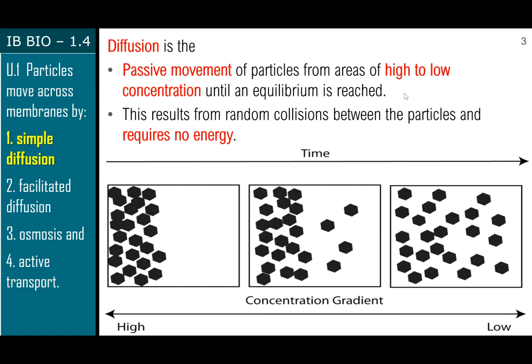We talked about this freshman year. A concentration gradient is when you have lots of particles grouped together, and then over time they spread out, kind of like the fart or the perfume analogy, whichever you prefer, right? One person farts on one side of the room. Eventually, even if you're on the other side of the room, you're probably going to smell it. And that's because those particles travel over time.